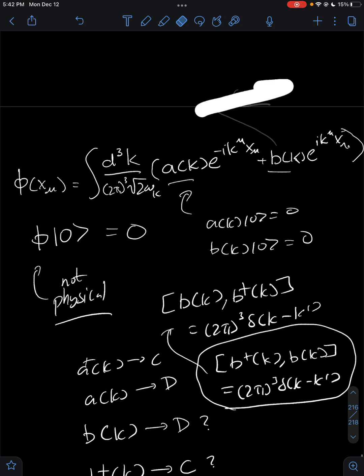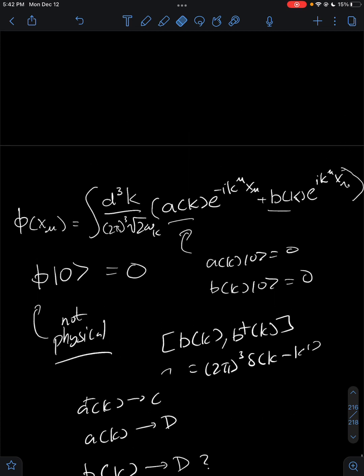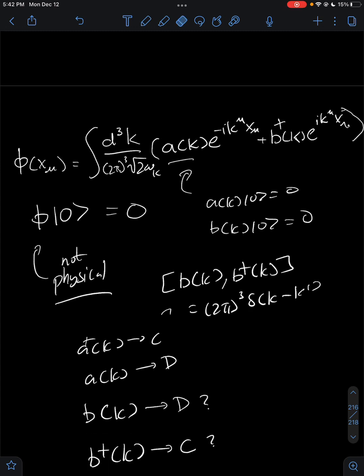So another way that we can get around this problem is by keeping the same commutation relations and instead writing this b(k) as b†(k). So what are we doing when we're saying this?